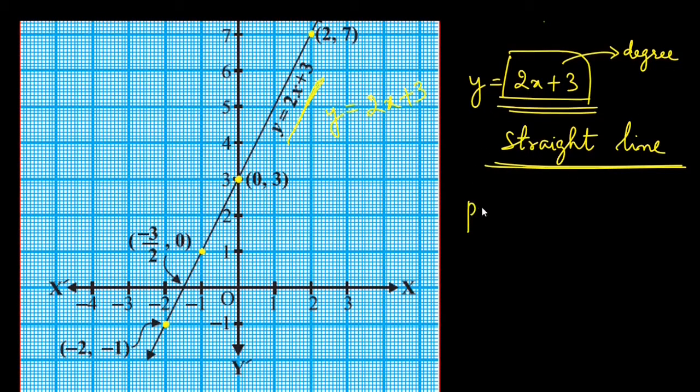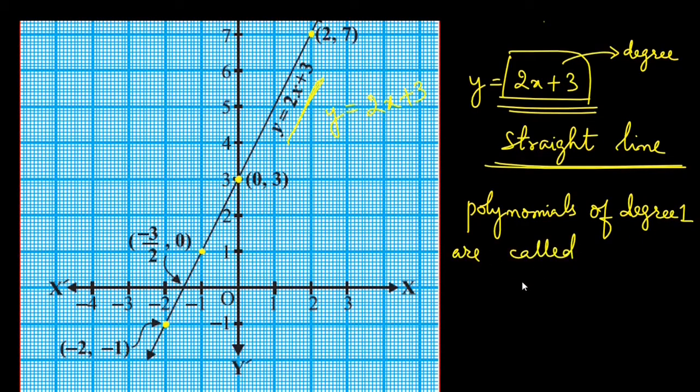So, polynomials of degree 1 are called linear polynomials. So here we have taken this straight line.